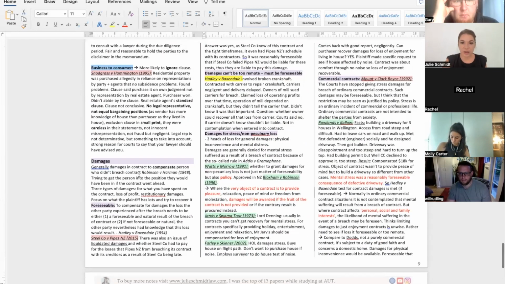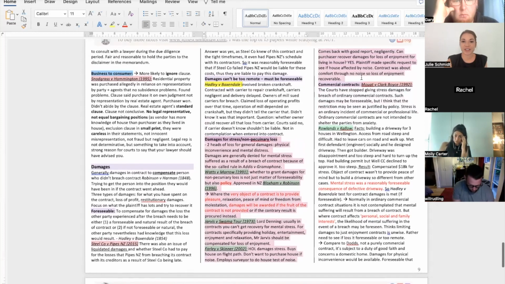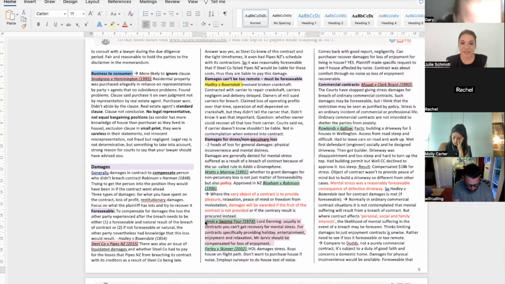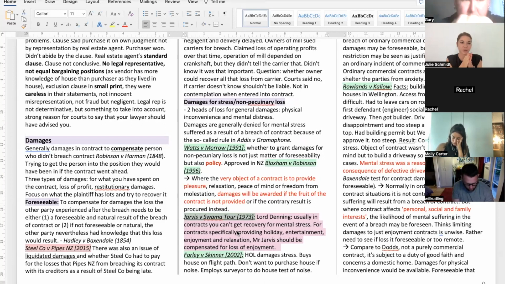So also in contract law, you can get damages for stress. I like this one. Someone went on a holiday and it was very stressful, and because the purpose of the contract was to relax, and that contract was therefore breached, he got damages for stress.